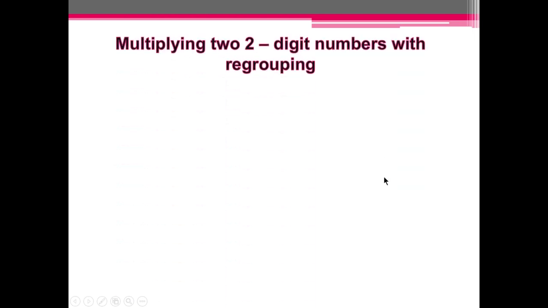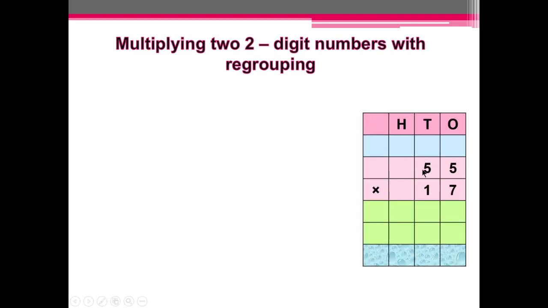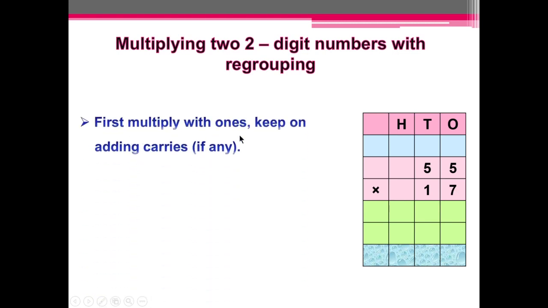Now, multiplying two-digit numbers with regrouping. Well, what do we do in this? Yes, first take an example. What is our example? 55 multiplied by 17. Well, what do we do in this? First, multiply with ones. Keep on adding carries if any.